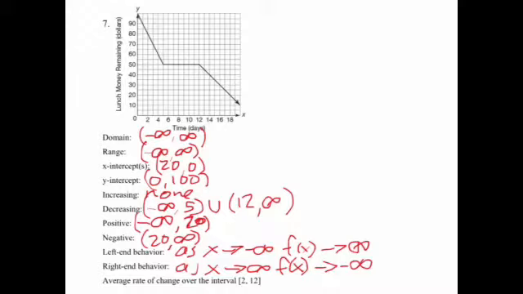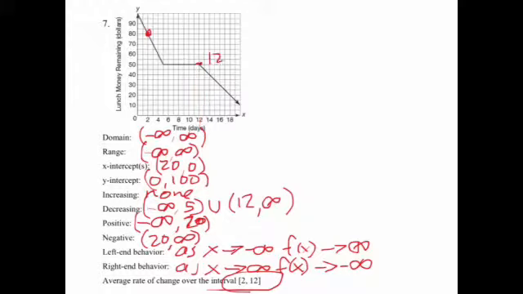And now we get the average rate of change over the interval from 2 to 12. Well, 2 is going to be over here. So I have a point right there. 12 is over here. So we get this point right there.